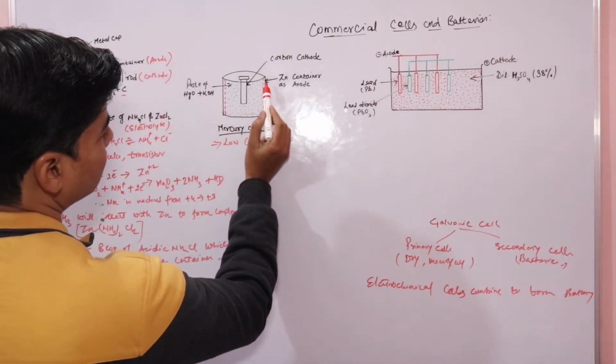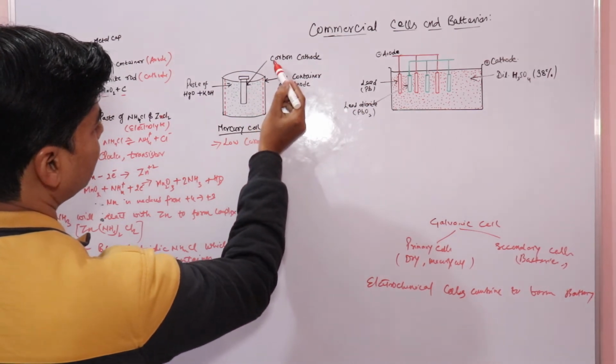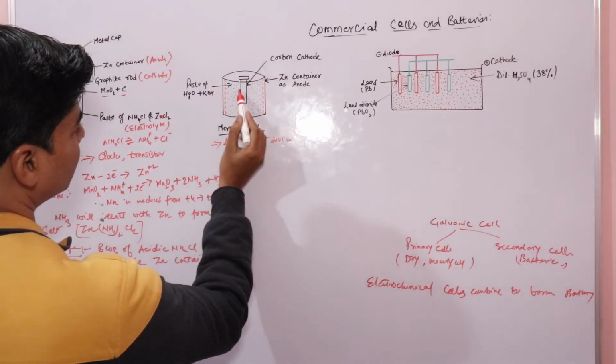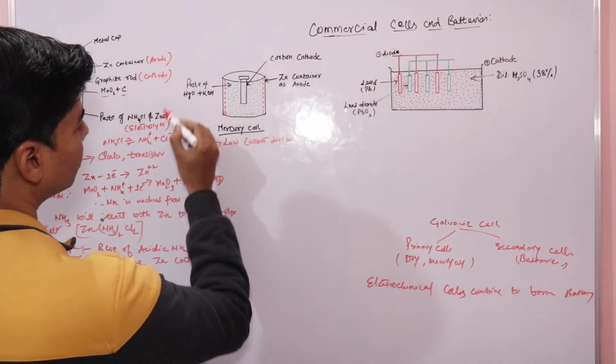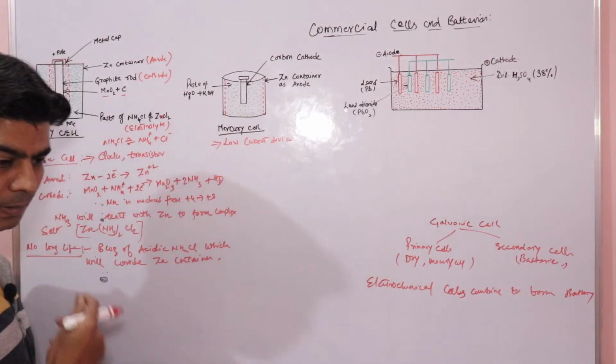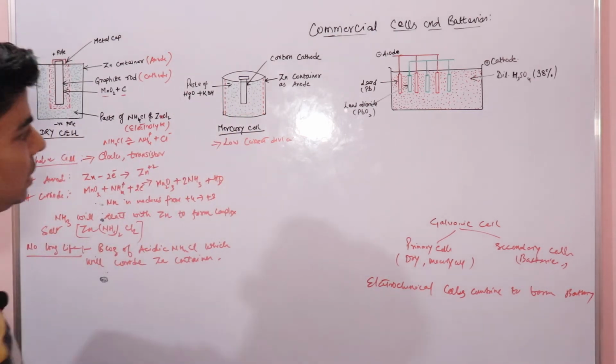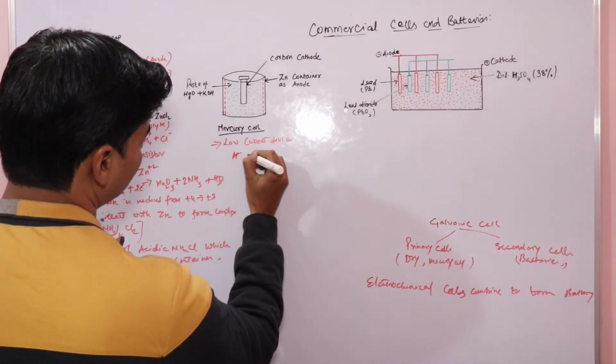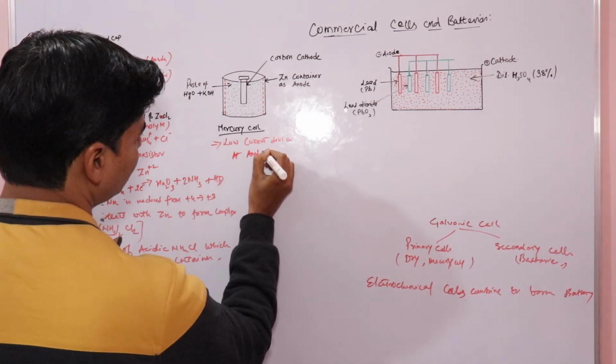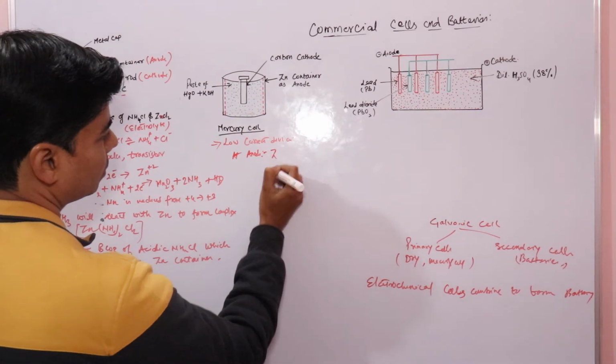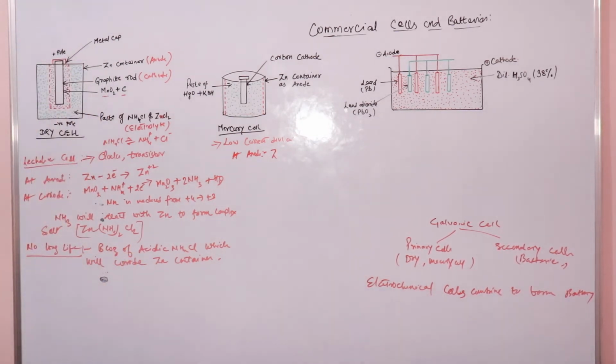So it consists of the zinc container. You have a carbon cathode, and you have this electrolyte, which is a paste of mercuric oxide and KOH. So now let's see the reactions that take place at anode and cathode. At anode you have zinc, and in your electrolyte you have hydroxyl ions.